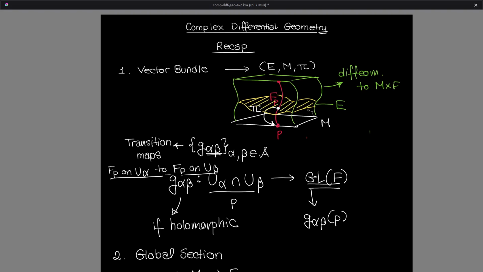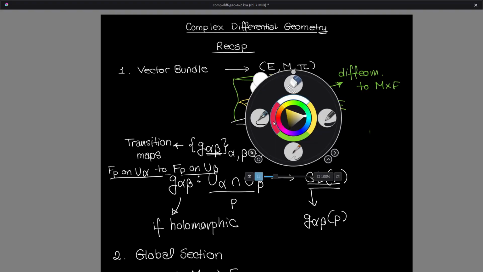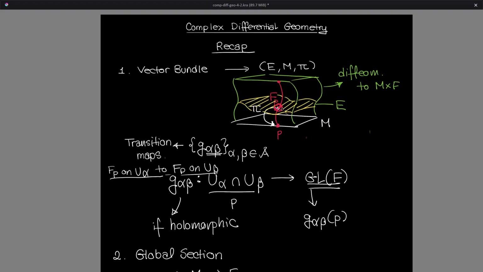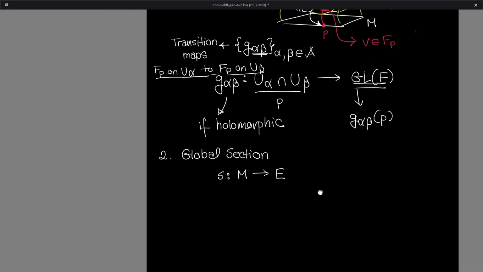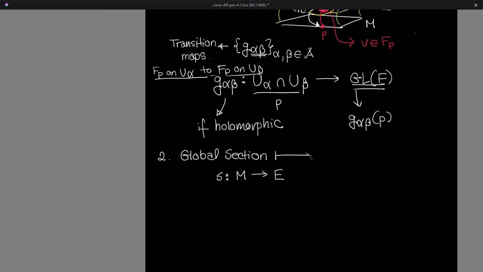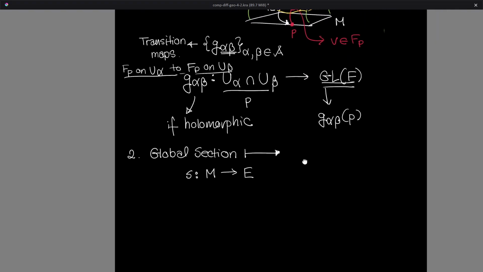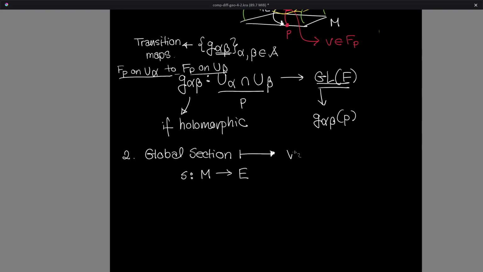What it does is it tells you, okay, I intersect this fiber at this point, and that gives me a choice of a vector v, an element of F_p. And it does this for every fiber over the entirety of this space, giving us a vector for every point on the manifold. And so this is the differential geometric version of a vector field on M.